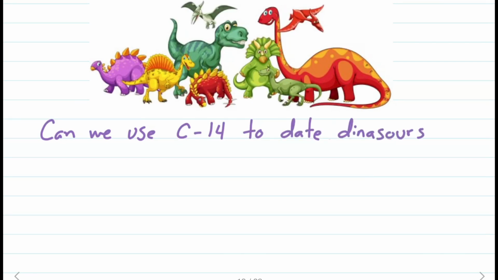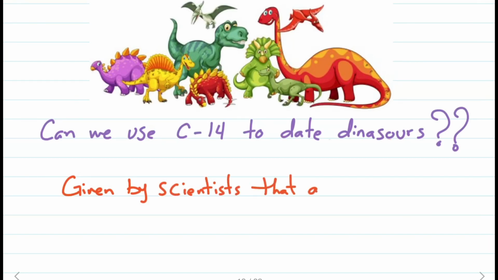The question then arises: can we use carbon-14 to date dinosaurs? It's given by scientists that the age of dinosaurs is around 250 million years old. So have a think now.